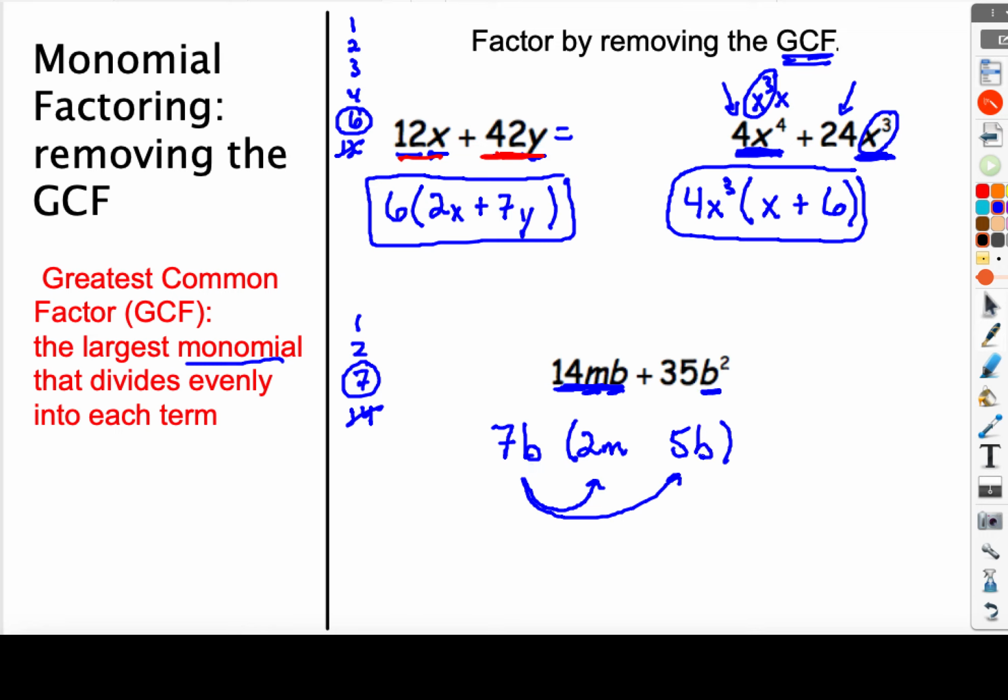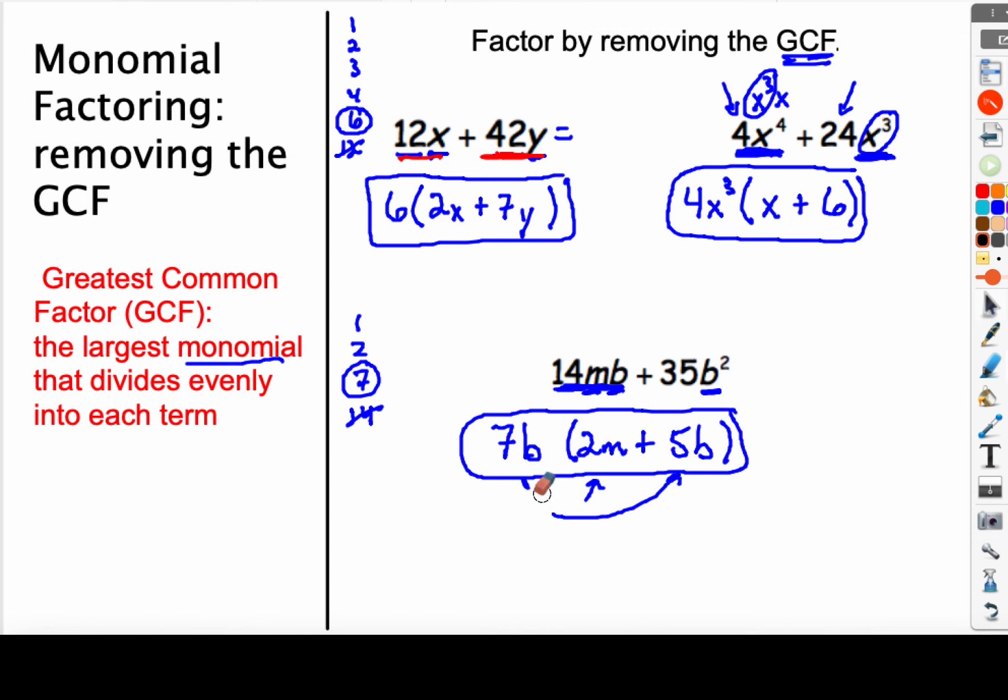I need another b. b times b would be b squared. And I believe that should be a good expression there. 7 times 2 is 14, mb. And in the second term, 7 times 5 is 35, and b times b would handle that b squared.